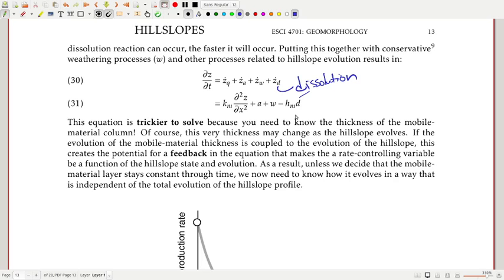So this equation is a little trickier to solve because you need to know the thickness of the mobile material column. And that thickness actually evolves as the hillslope evolves. And so that creates this potential for a feedback loop. And therefore, we might need a little bit more information.